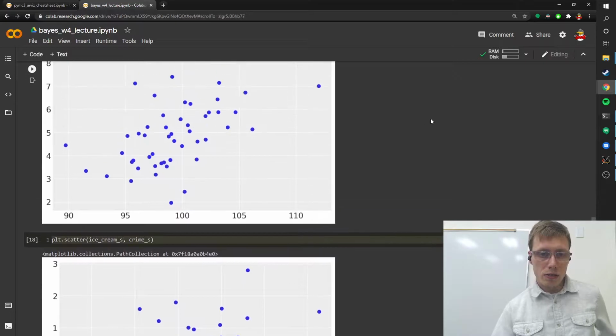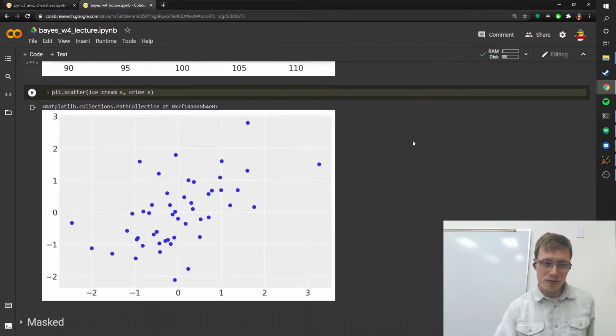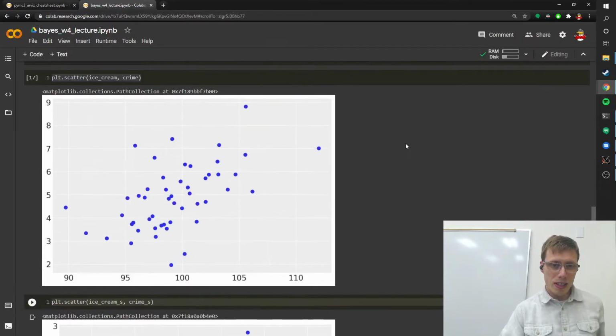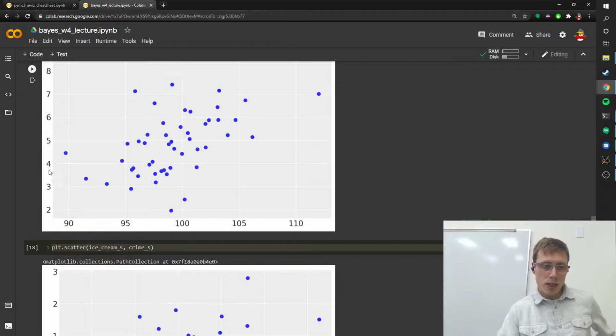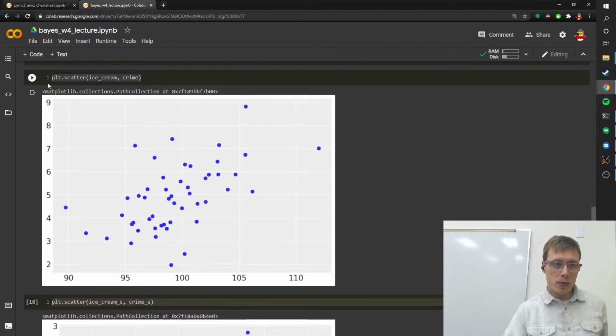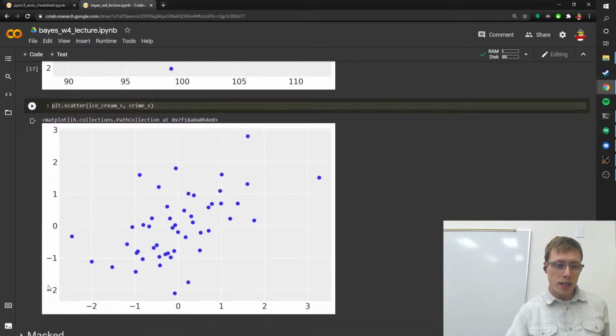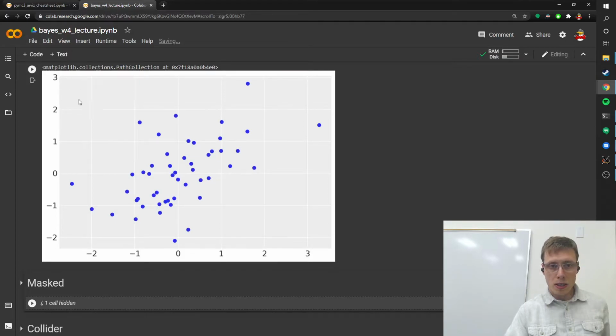Well, since it was a linear transformation, it looks identical. When you look at the shape of it, it's identical, because all we've done is shifted this stuff over and rescaled it a little bit. And so now what's really changed is that rather than going from, say, 2 to 9 here, it now goes from around -2 up to around +2 to 3, somewhere in there.